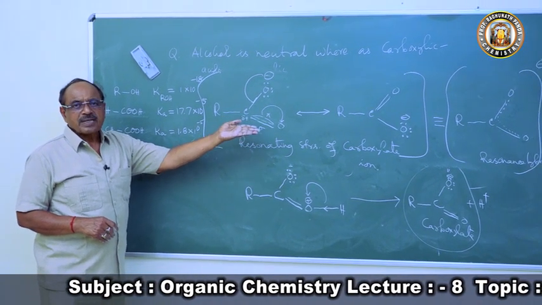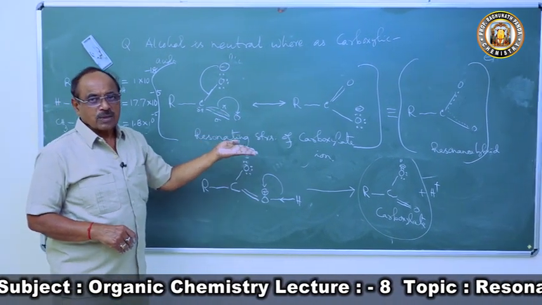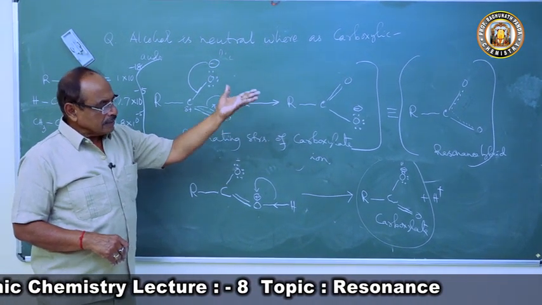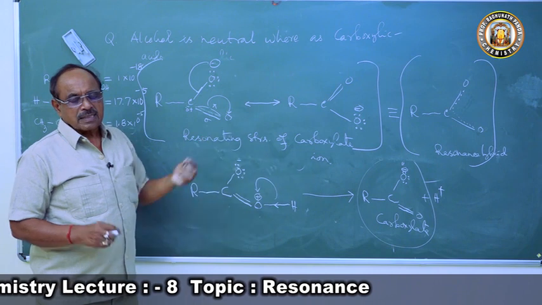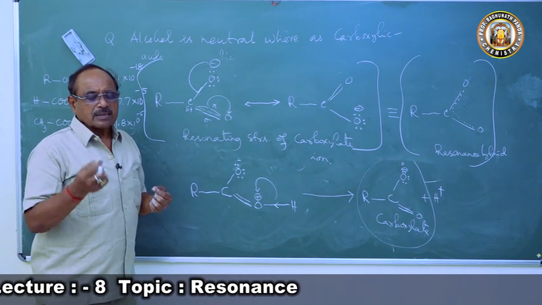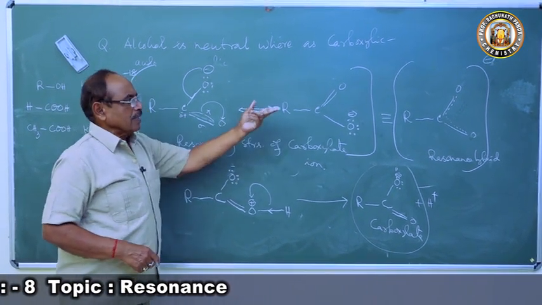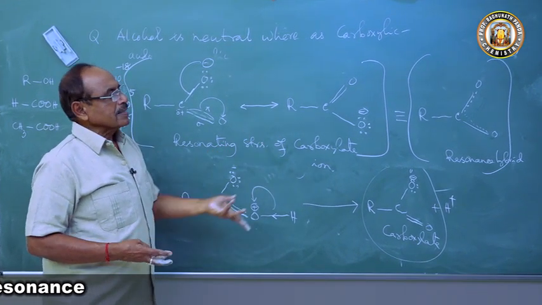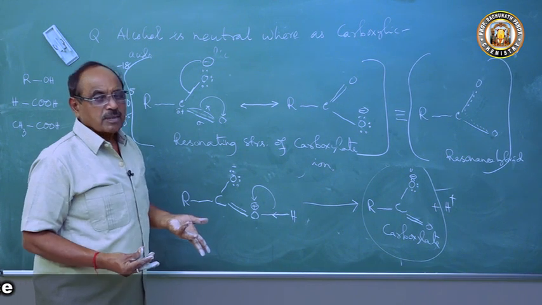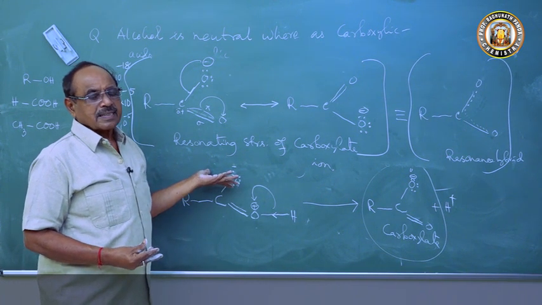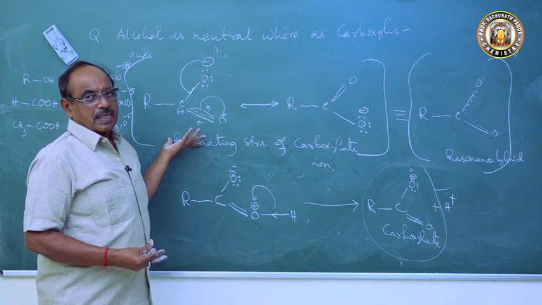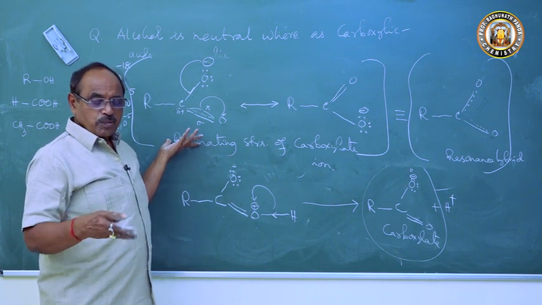The negative charge of the carboxylate ion gets delocalized, exhibiting resonance. The carboxylate ion is stable because the negative charge is delocalized, hence the carboxylate ion is resonance stabilized. So the carboxylic acid is acidic, whereas the alcohol is basic. Alcohol is neutral, or rather more neutral than water.